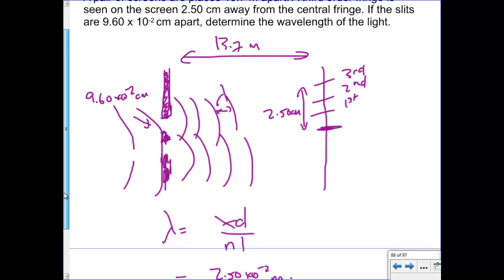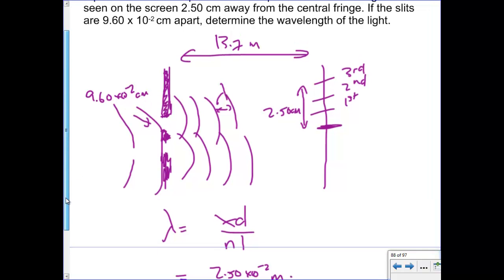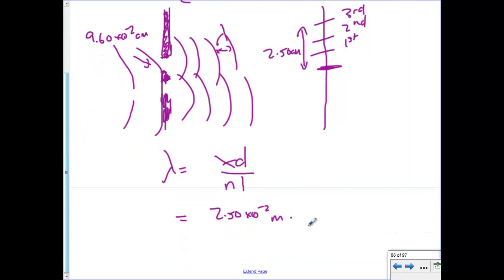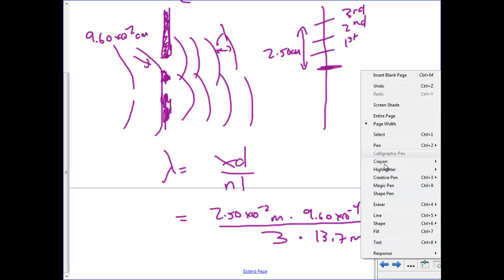Then the distance between the slits was also in centimeters, and it already was to the minus 2. Good, yeah, I'd say make it minus 4. So then we'll make it 9.60 times 10 to the minus 4 meters. We were looking for a third order fringe, and then the distance between the screens was 13.7. That shouldn't be in centimeters anymore, that should be meters now.